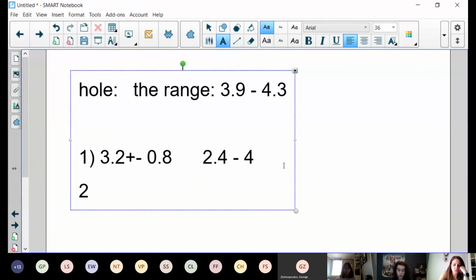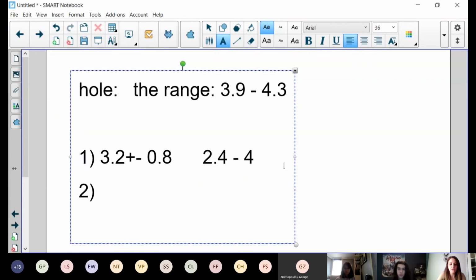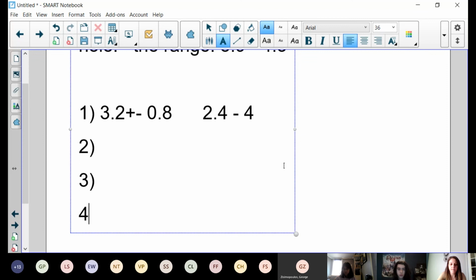I'll give you a minute to do the rest. Find the range of screws 2, 3, and 4. Screw number 2 says 3.4, give or take 0.6. Screw number 3 says 3.7, give or take 0.1.